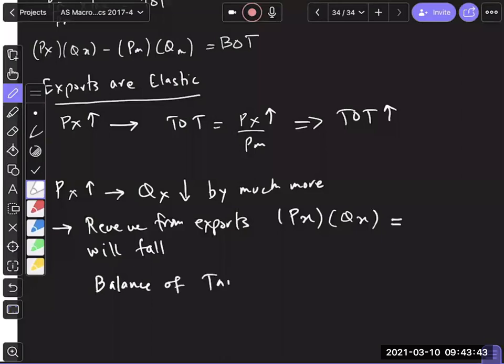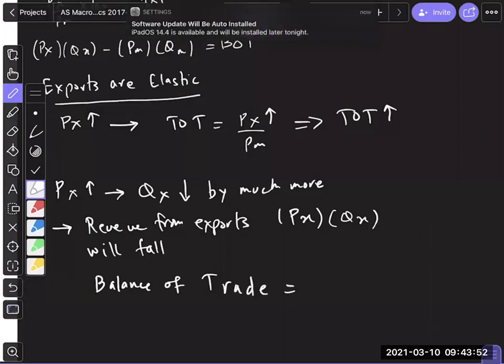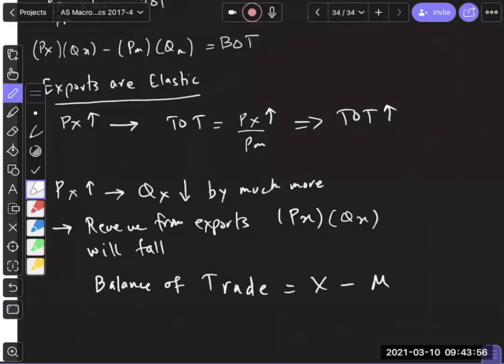By the way, this is big X. PX times QX is big X. Balance of trade is X minus M, right? X is going to fall, causing X minus M, or balance of trade, to fall, right?